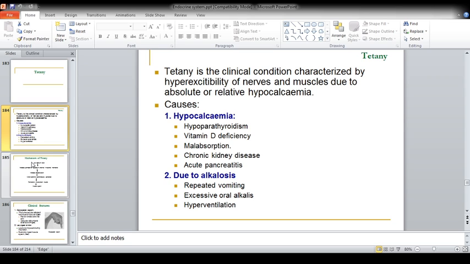If the patient is breathing more, more carbon dioxide would be pushed outside from the lungs and the body would undergo alkalosis, respiratory alkalosis. This alkalosis or increased pH would cause decreased calcium level, and that would in turn result in tetany.